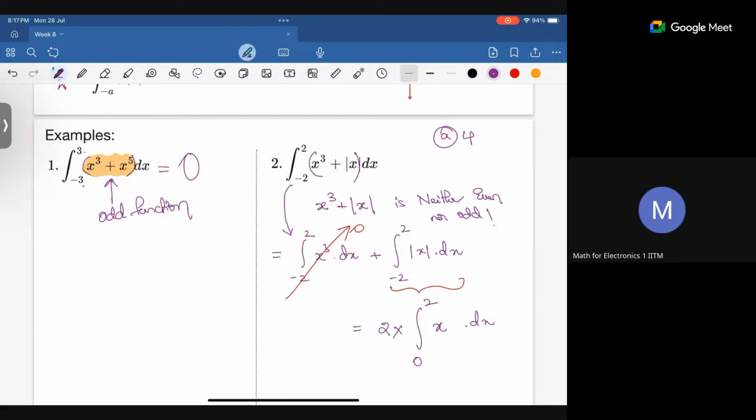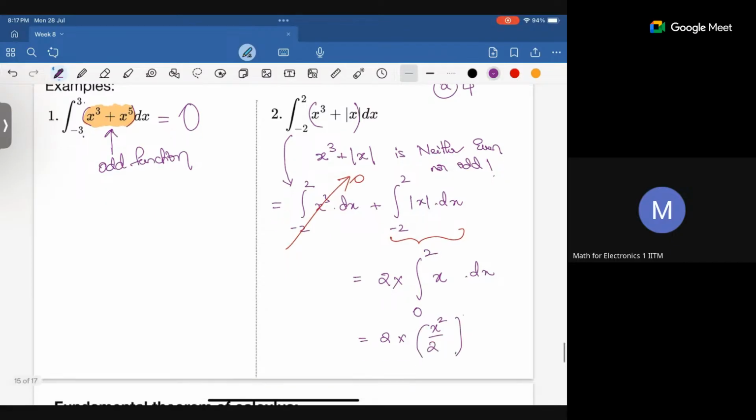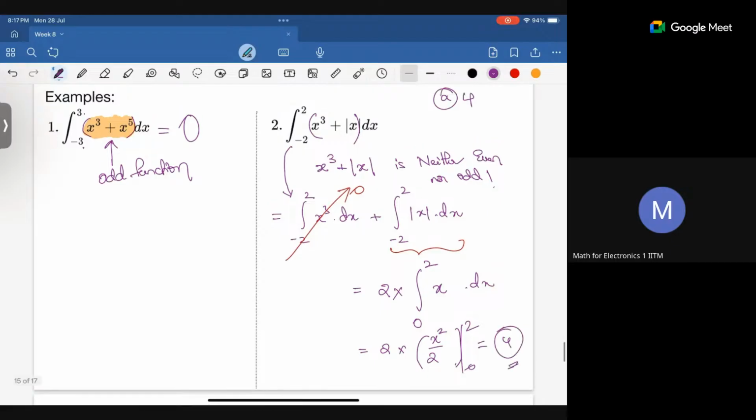Even if you plot it, you will understand that. Now we are down to knowing the antiderivative of x, which is x square by 2, with limits 0 to 2. If you substitute the limits, you will get 4. 2 into 2, 4. As simple as that.